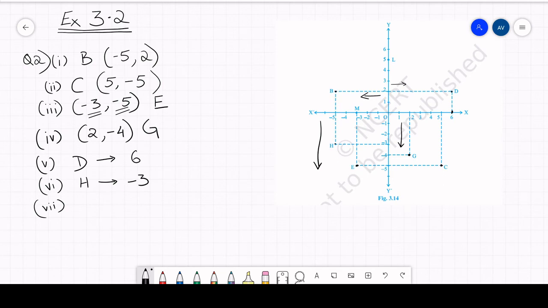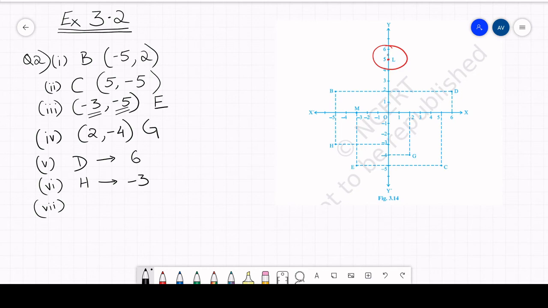Moving to the seventh part. The seventh part is asking us to find the coordinates of point L. Now point L, in case you cannot locate it on this figure, is right here, this point over here. And the x coordinate of this point is 0, since it is neither left of the y-axis nor to the right of the y-axis.